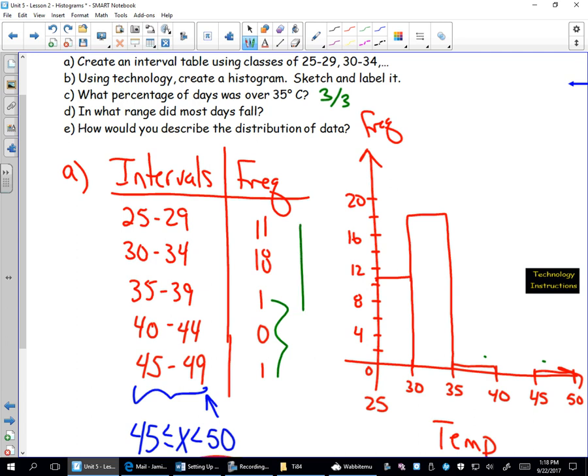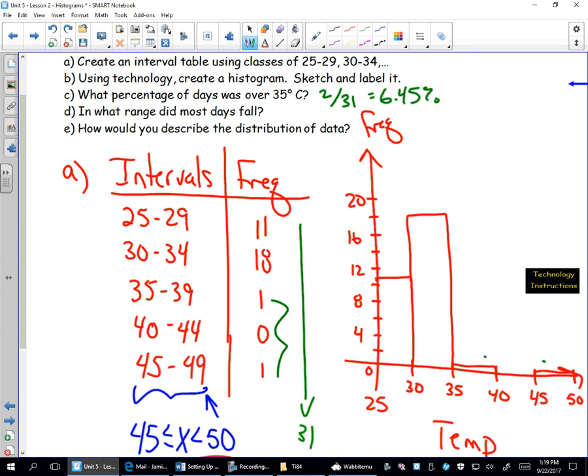Well, if I add up this entire column, 11 plus 18 plus 1 plus 0 plus 1, I get 31. There's 3 out of 31 days that were over that temperature, which as a percentage comes out to 6.45. Oh, not 3, 2. Sorry, not 3. 6.45%.